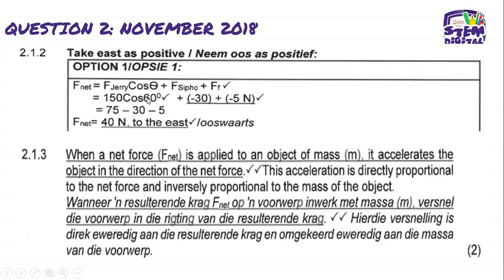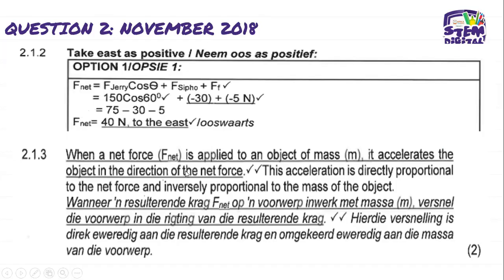Positive times negative gives me negative 30. Positive times negative gives me negative 5. So to calculate the net force there, it will give me a magnitude of 40 newtons. And because it's a positive value, then we will say to the east. So the net force is 40 newtons to the east.